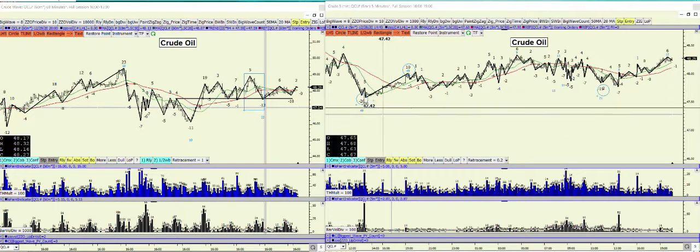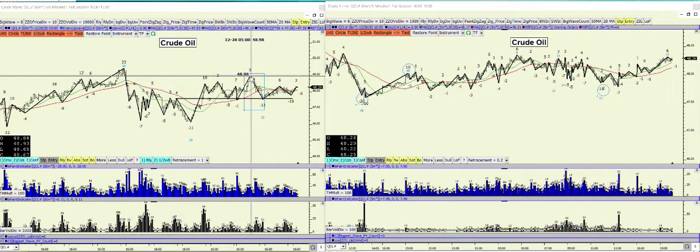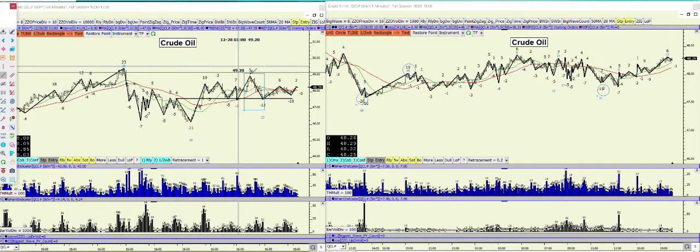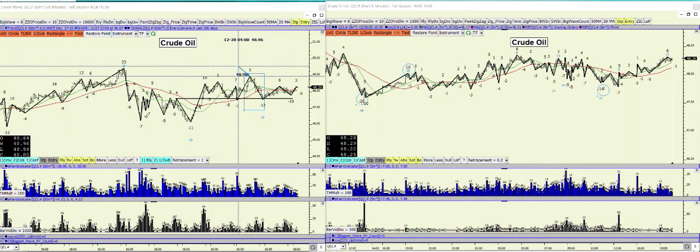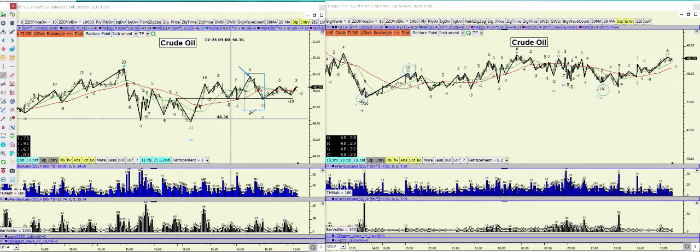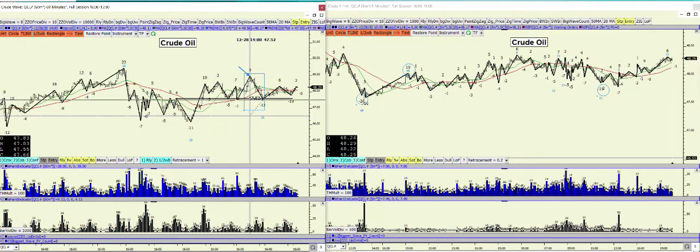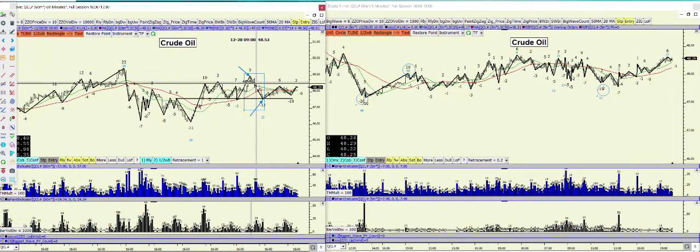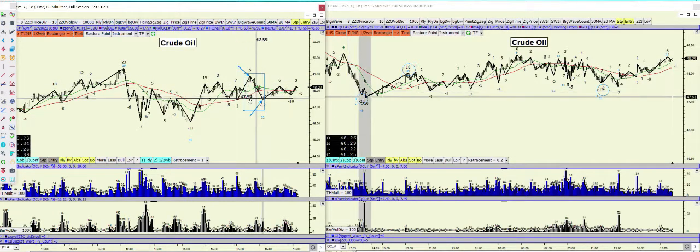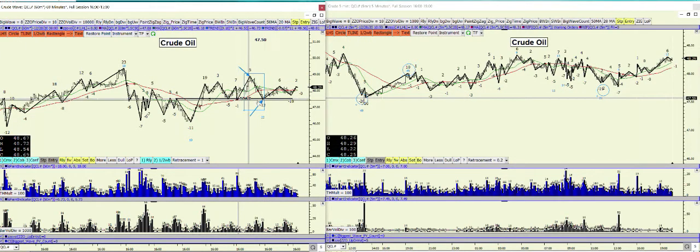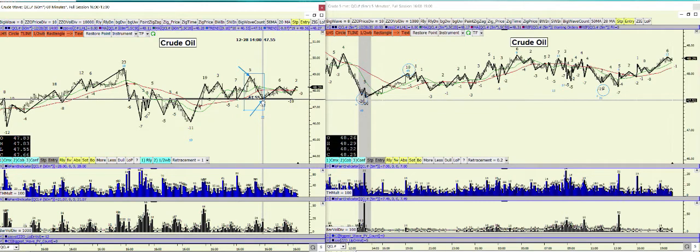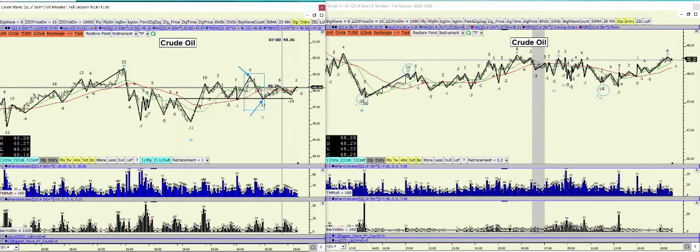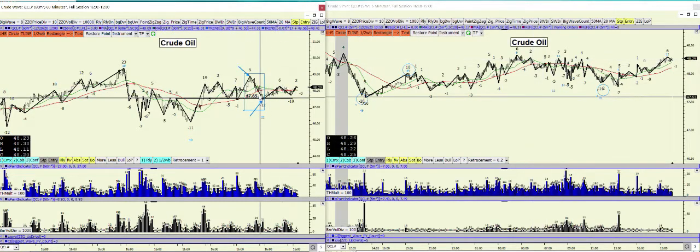I'm taking a look here in the square box, from the top of the pivot to the bottom of the pivot. As it goes down to support, I'm looking for strength, buying to come in to bring up the market, basically a turning point.